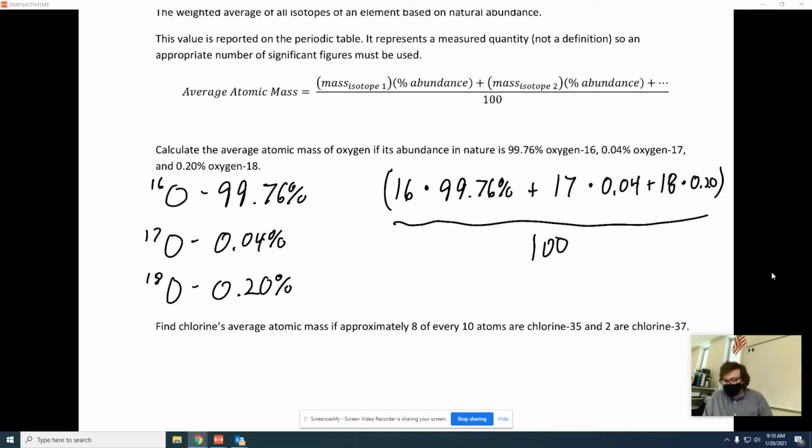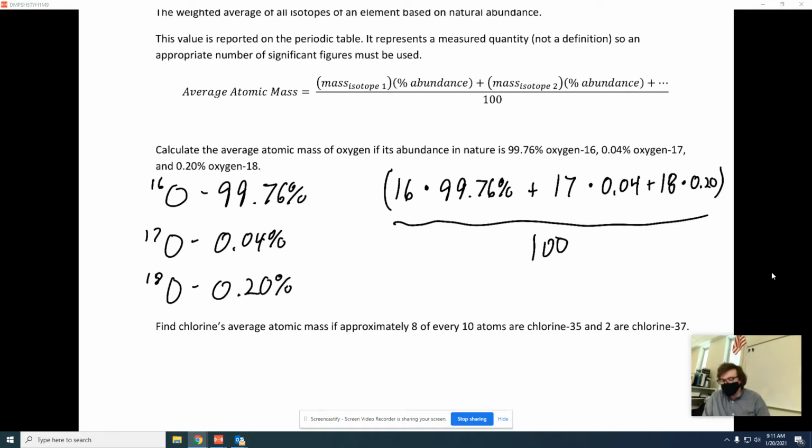Notice that I plugged my percentages in as they are written. So when I do 16 times 99.76 plus 17 times 0.04 plus 18 times 0.20, I'm going to get that whole thing.